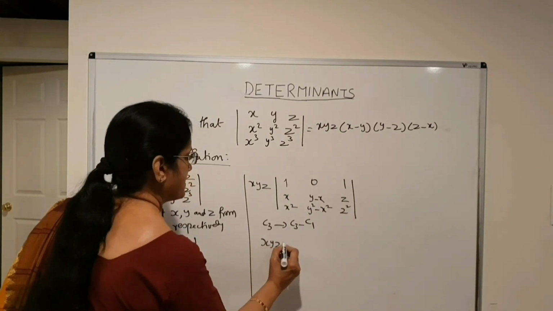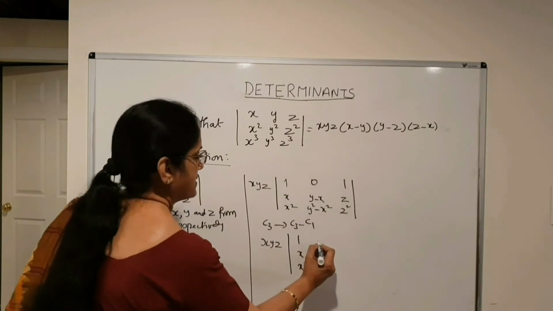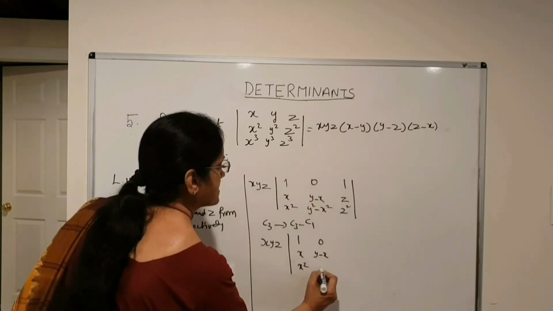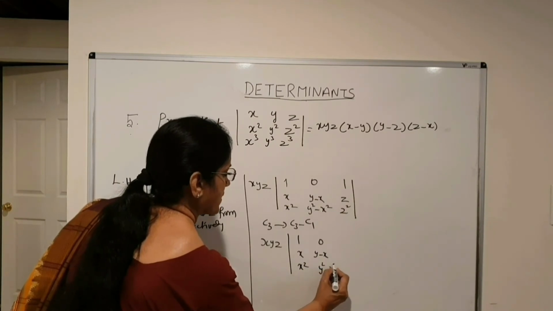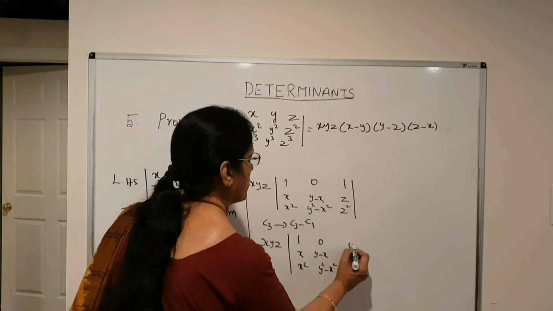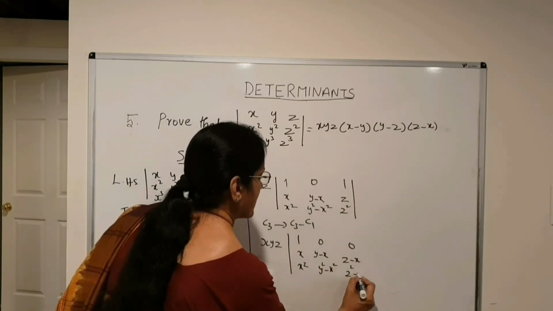x, y, z determinant 1, x, x square, and the second column also will remain the same, y minus x, y square minus x square. Then this will become 1 minus 1 will be 0, z minus x, then z square minus x square.